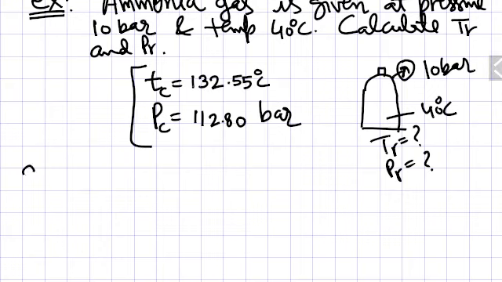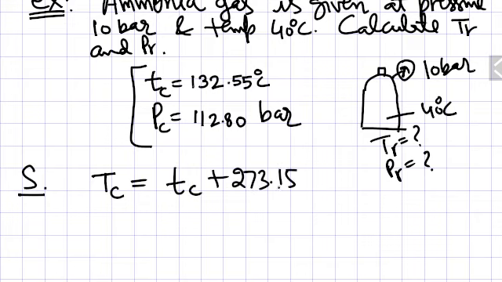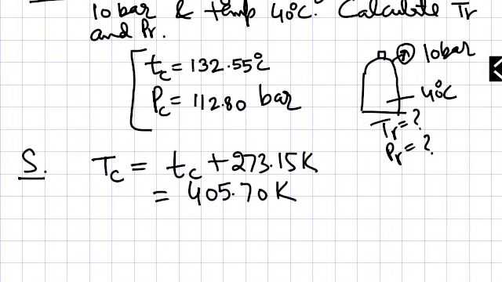So the solution is, first you will find critical temperature in Kelvin. So Tc plus 273, very simple, Kelvin. This process is only required when you are given critical temperature in degree centigrade, but if you are given it in Kelvin directly, then you don't need to convert.